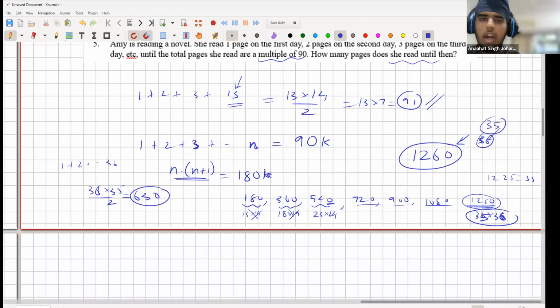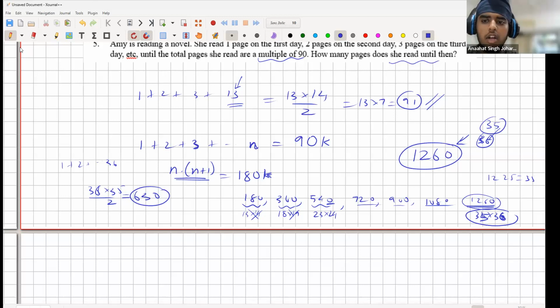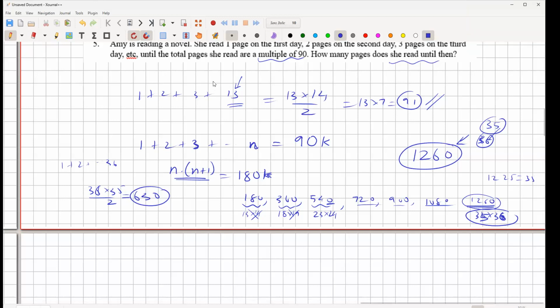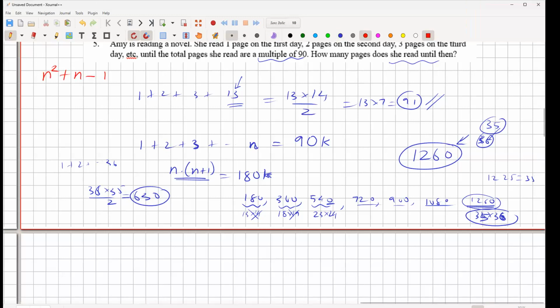What I did was I took the 180 to the other side and solved it like a quadratic. When I did the quadratic, my roots were negative 35 and 36, so I just thought that would be the positive number. How will you solve this quadratic?